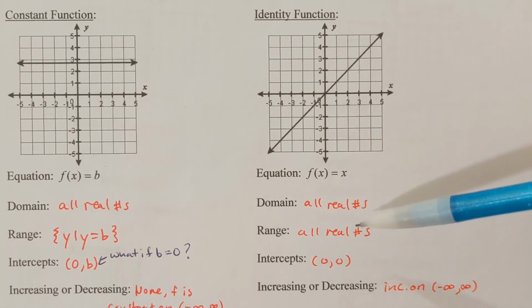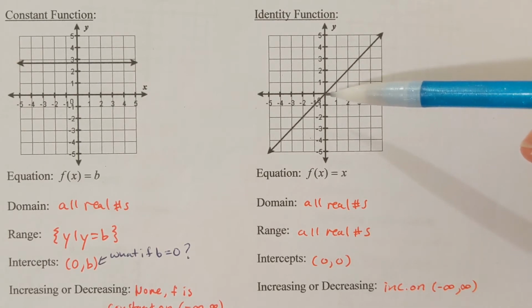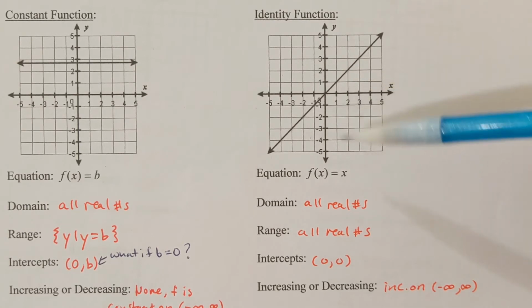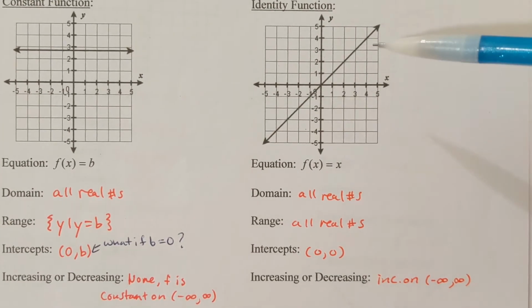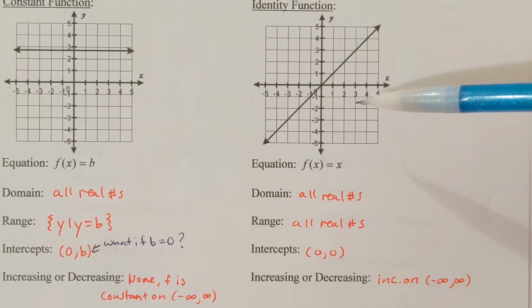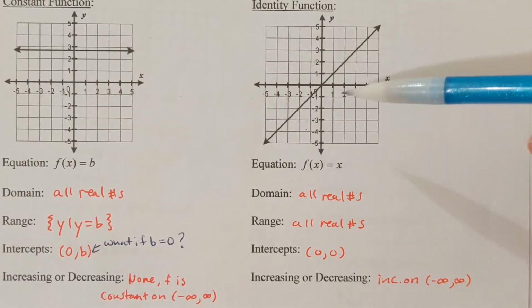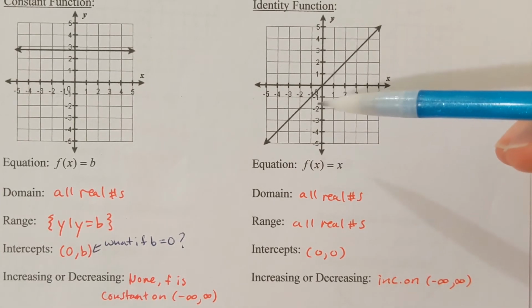The range is also any real numbers. The intercept is (0, 0). Increasing or decreasing, you're increasing everywhere. This is a line, specifically a line slanted at a 45-degree angle, and you're increasing then on the entire number line.